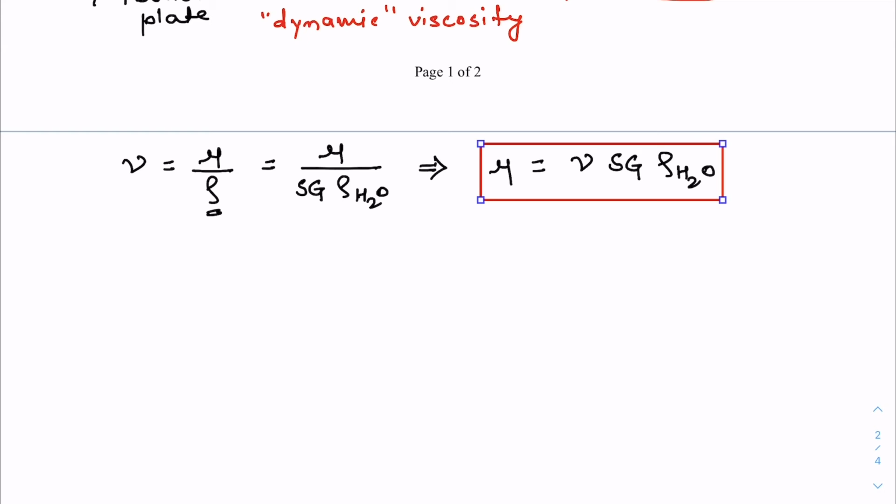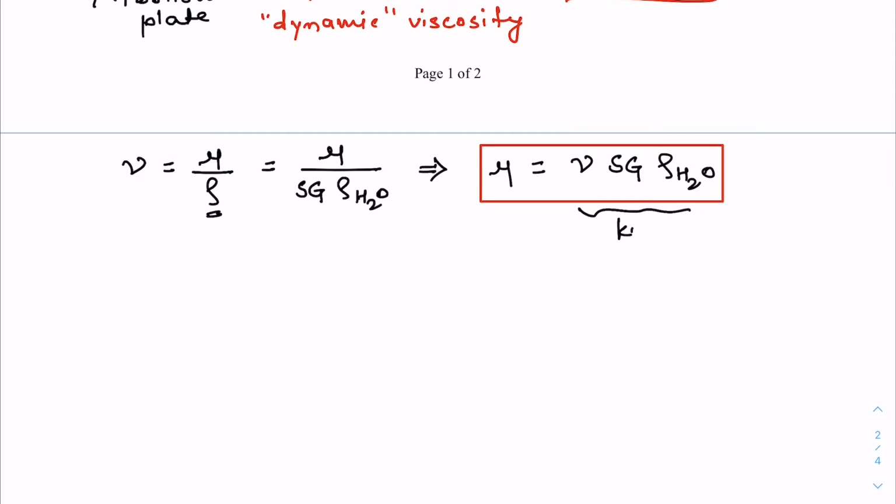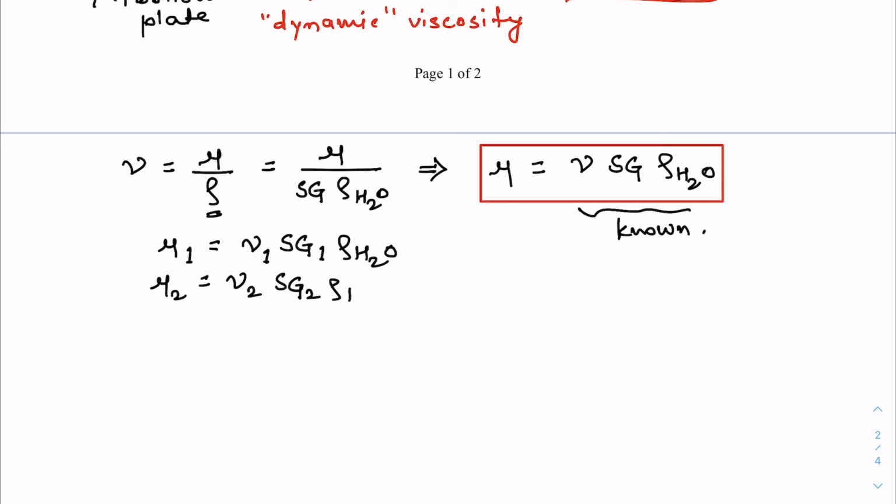And now, as you can see, all the terms on the right hand side are known. So for fluid 1, mu1 is kinematic viscosity of fluid 1 times the specific gravity of fluid 1 multiplied by the density of water. Similarly, mu2 is kinematic viscosity for fluid 2, specific gravity for fluid 2, the density of water.